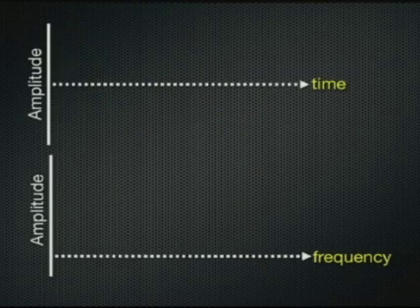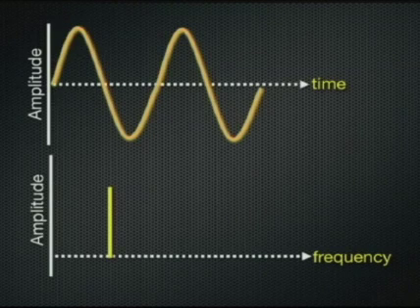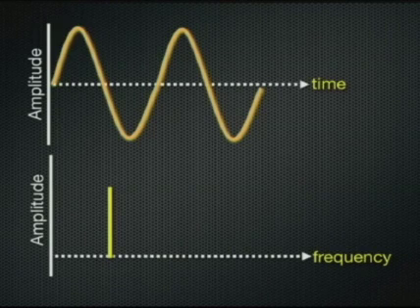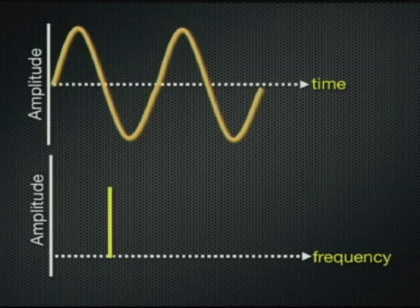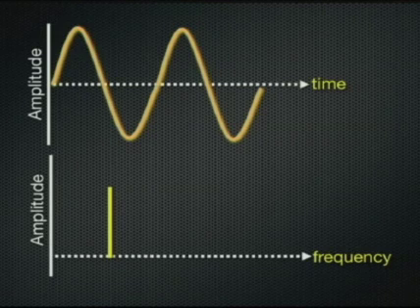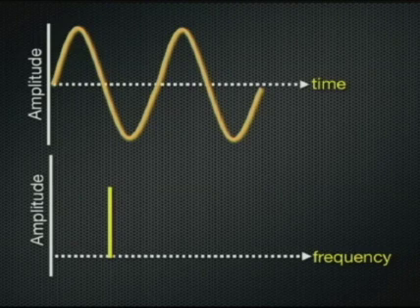If we consider a frequency of a given amplitude, we can transform the information contained in the amplitude time display into the display shown on the bottom, in which we represent a given frequency at a specific point along a scale of frequencies, with the height of the bar related to the amplitude of the waveform.